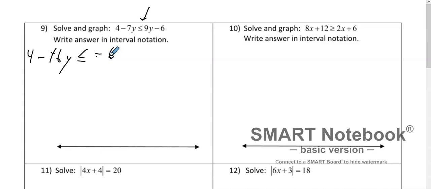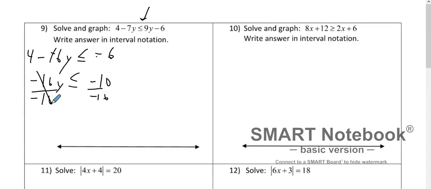Now I'm going to subtract the 4 and get negative 16y is still less than or equal to... Sorry, my bad. I made a mistake there. I wasn't dividing, I was supposed to subtract. So minus 6 minus 4 is negative 10.